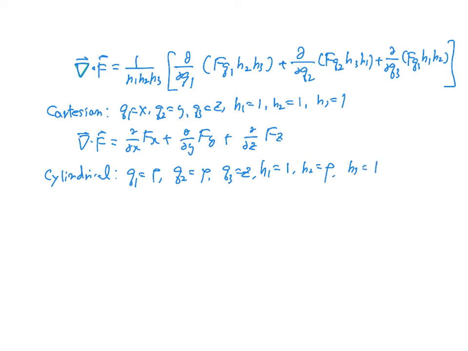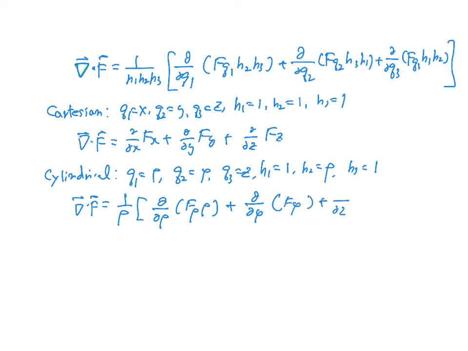So the divergence of F is simply, H1 H2 H3 is rho, so 1 over rho, partial rho, partial F rho, because H2 is rho, partial phi, partial F phi is 1, and partial z, partial Fz rho.